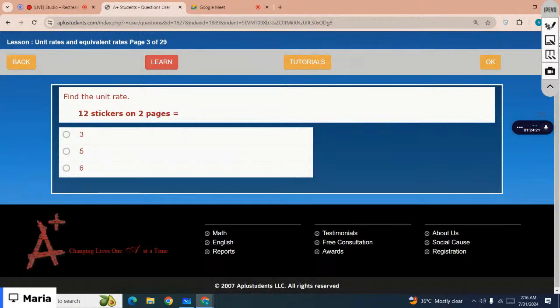Find the unit rate: 12 stickers on 2 pages. The correct option is six stickers on one page.